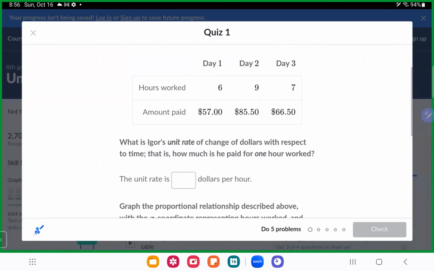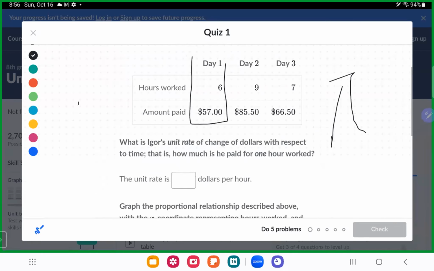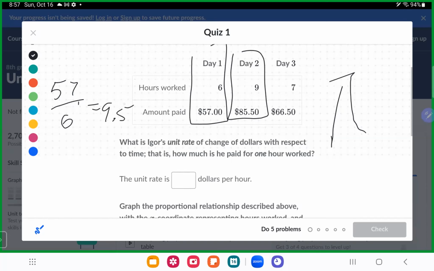What do you think? Well, in 6th grade, we do unit rate. If it's constant, then we could divide and find out in any pair here. So let's see, 57 divided by 6, because he got $57 for working 6 hours. That works out to $9.5 per hour.